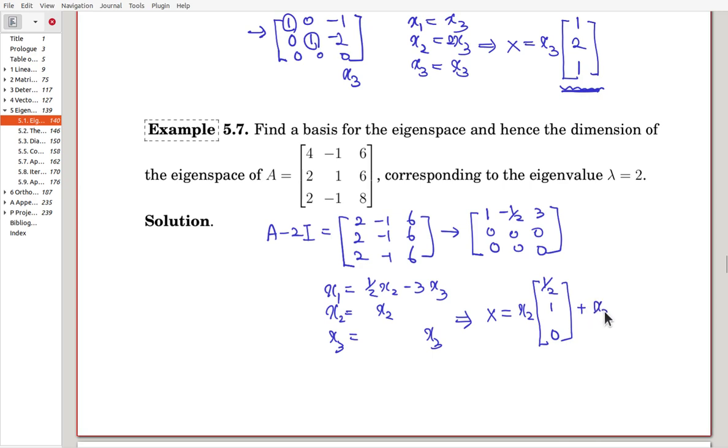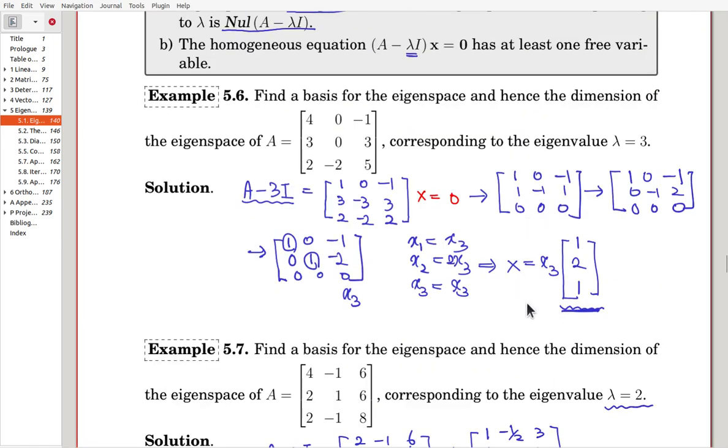For x3, the direction is (minus 3, 0, 1), right? So the solutions will be spanned by these two vectors. They are linearly independent, so the dimension must be 2, right? Sometimes for one eigenvalue, more than one linearly independent eigenvector can be obtained. But for the earlier example, you have only one linearly independent eigenvector.